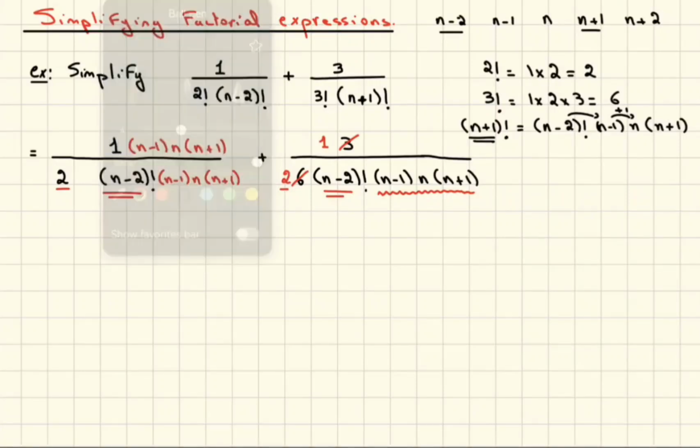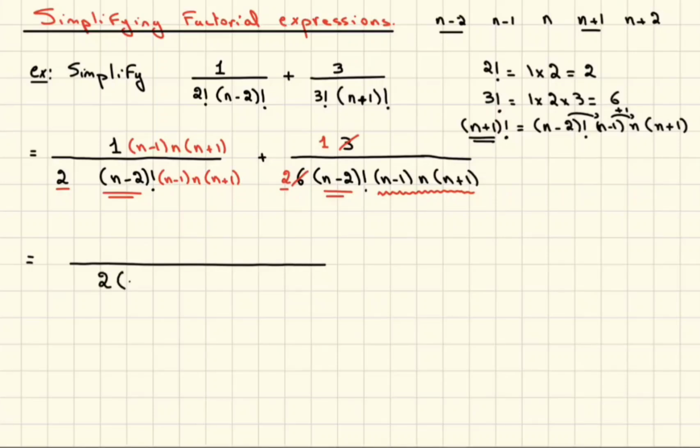Now we can notice we have the same denominator, which is 2 multiplied by n minus 2 factorial multiplied by n minus 1 multiplied by n multiplied by n plus 1. And in the numerator we have 1 multiplied by n minus 1 multiplied by n multiplied by n plus 1.